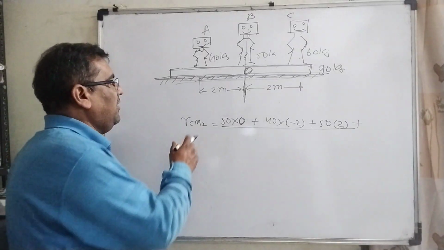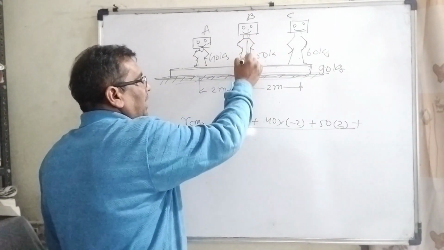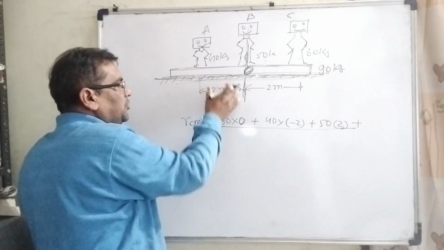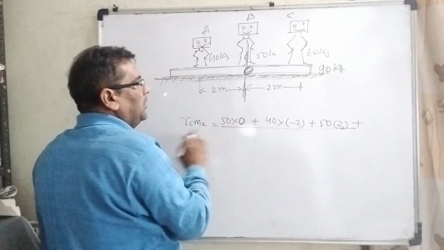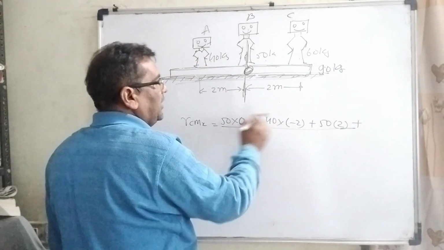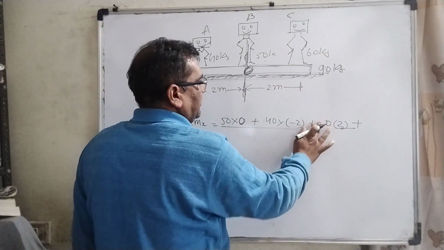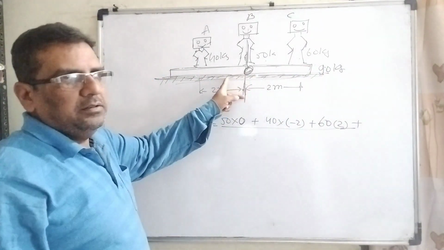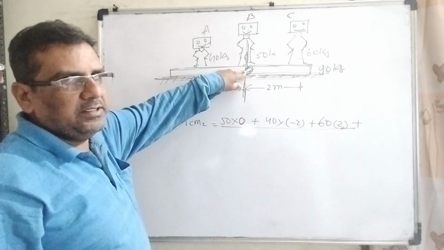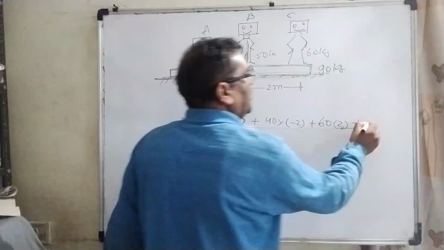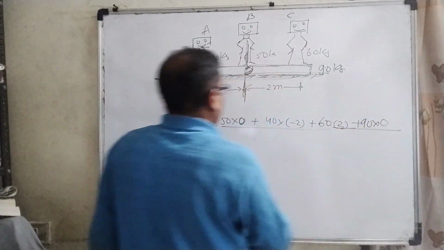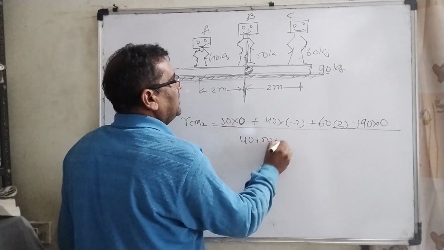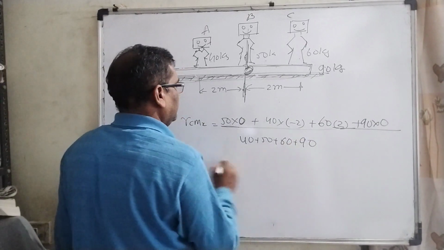As you know, for the center of mass, B is standing at the origin position 0, so it is 50 into 0 plus 40 into minus 2 and 60 into 2, and obviously this plank's whole mass is considered at the center, so 90 into 0 also. For the whole mass, we take 40, 50, 60 and 90.